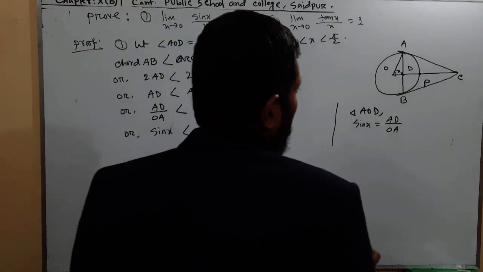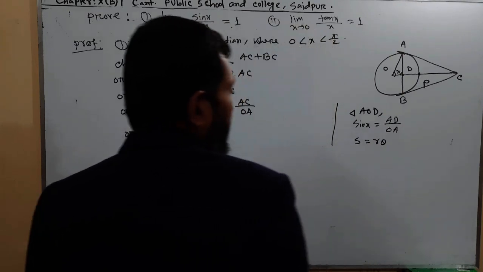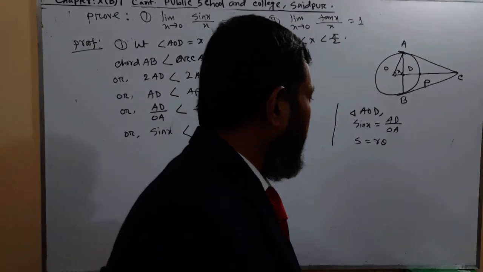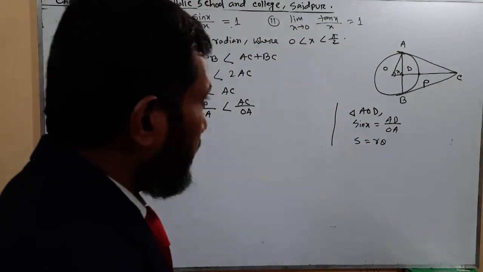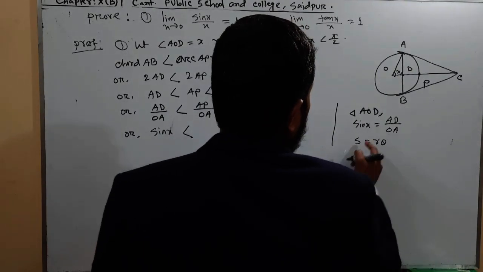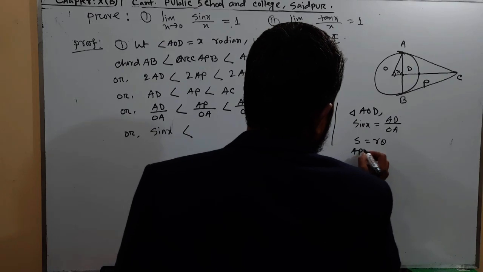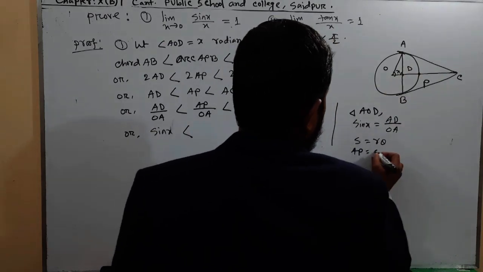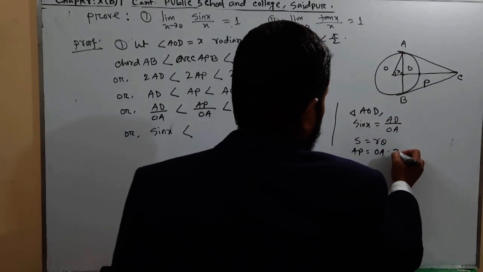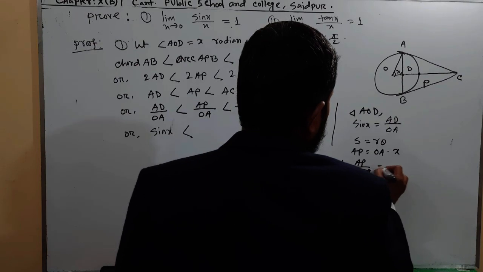We know a formula S is equal to r theta. Here S is the length of arc, r is the length of radius, and theta is the angle produced at the center. Now S, length of arc here AP, and radius here OA, theta is angle x. So we can write AP by OA is equal to x.